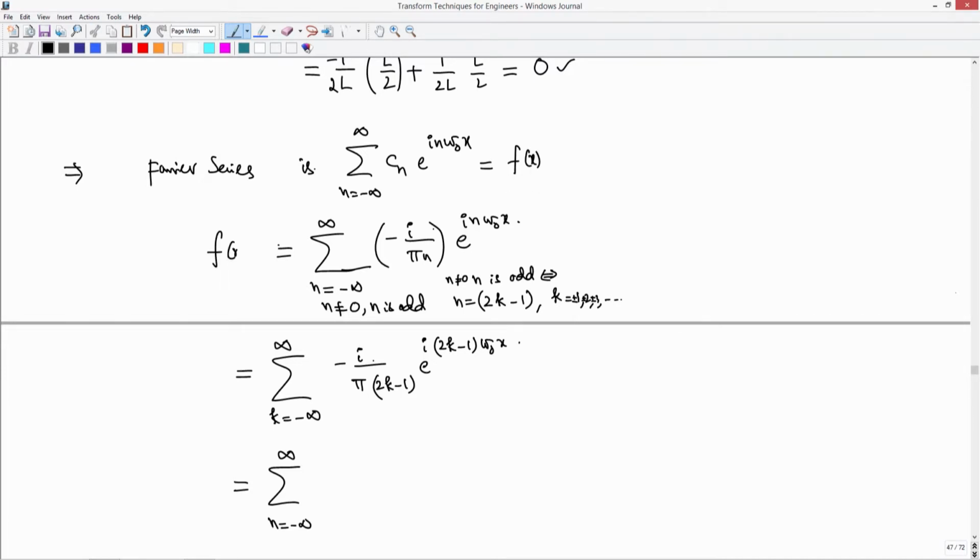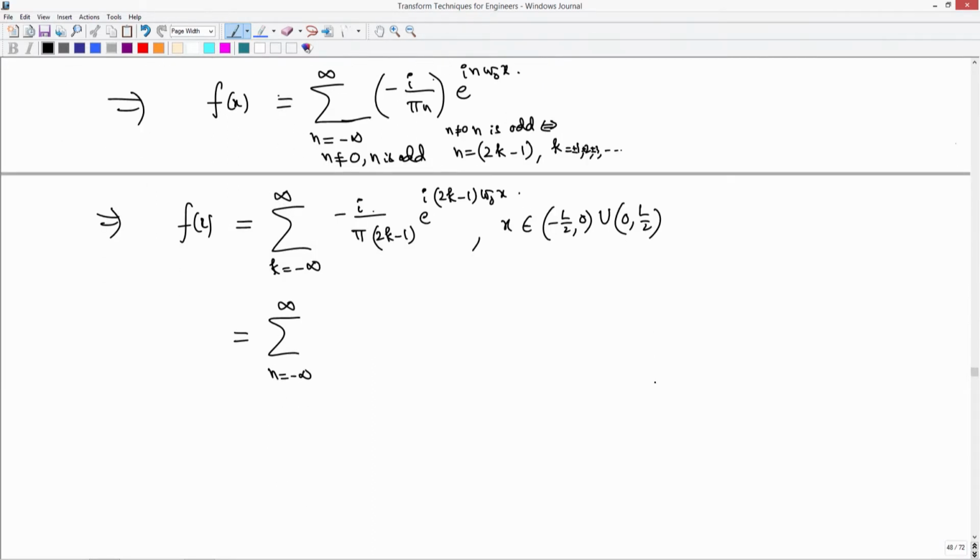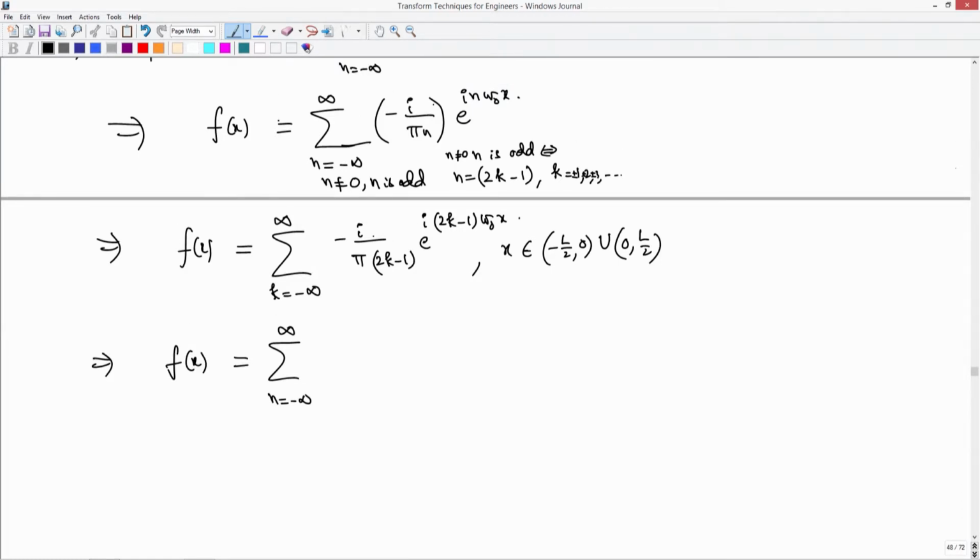So, f x is this, so where is this valid? X belongs to minus L by 2 to 0 union 0 to L by 2. So, in this open interval it is true. Now, the left hand side, f x, is a real valued function. So, on the right hand side you should take only the real part, the imaginary part has to be 0. So, all together, that also gives an extra result.